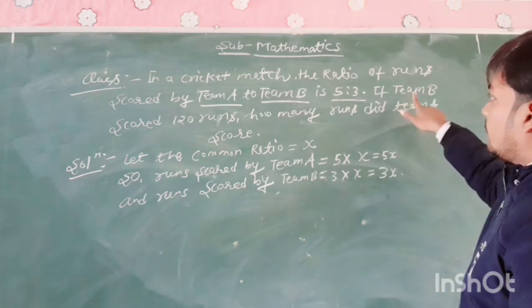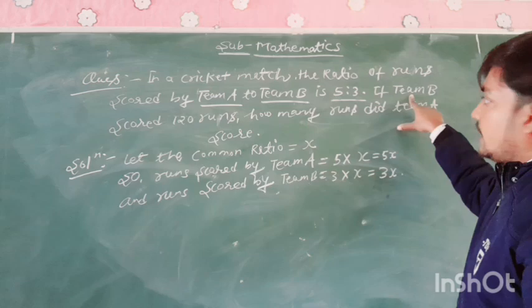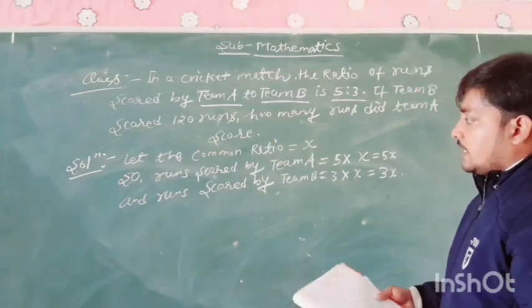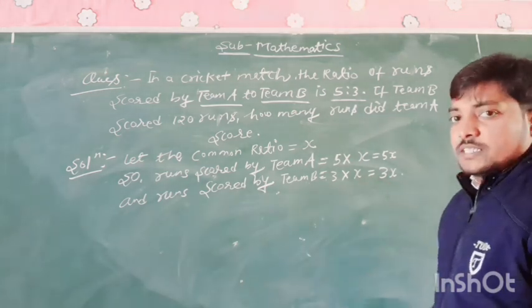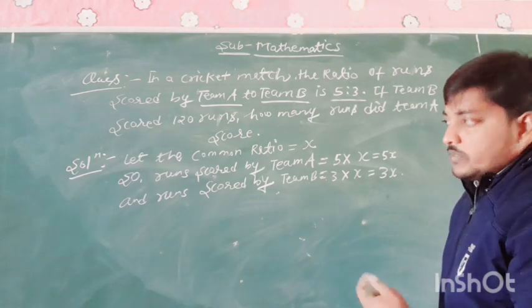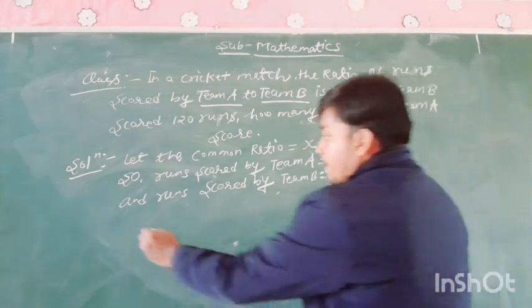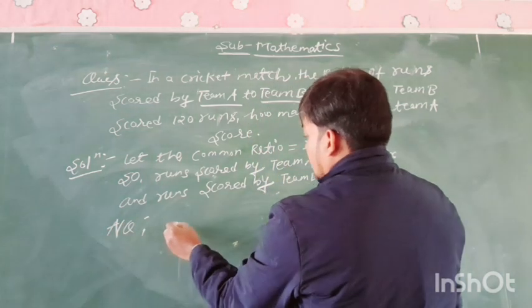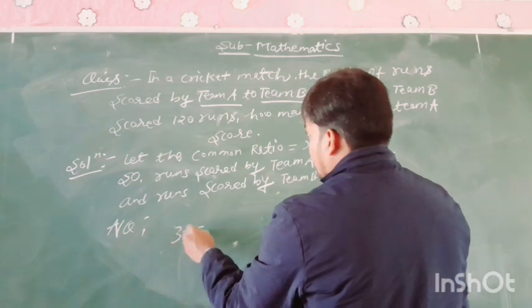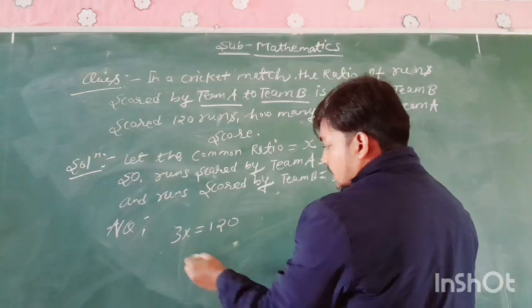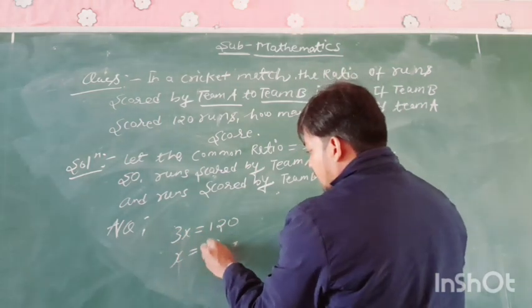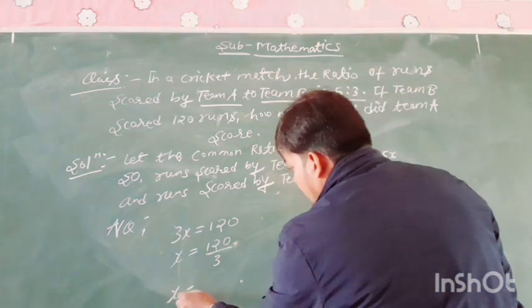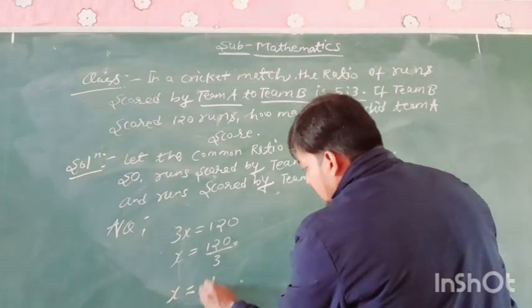In this case, the values are equal to each other. So according to the question, 3x will be equal to 120 runs, and the value of x equals 120 upon 3, and the quotient of 120 and 3 is 40.